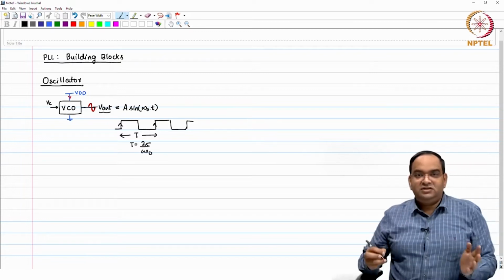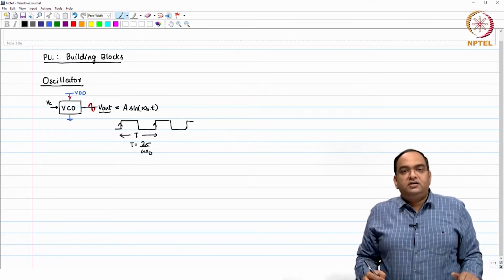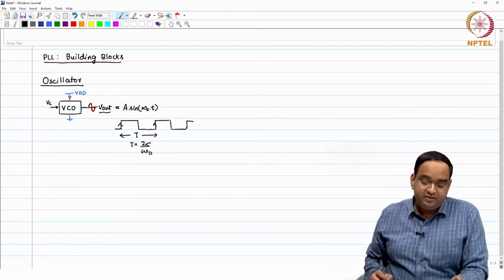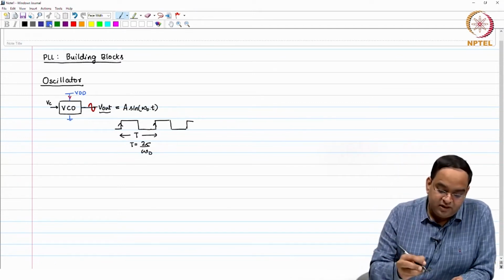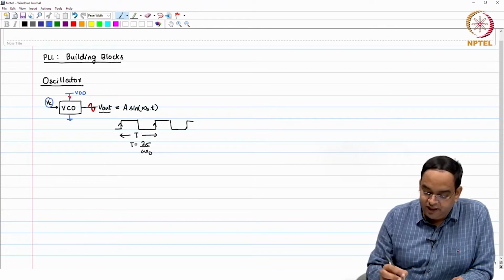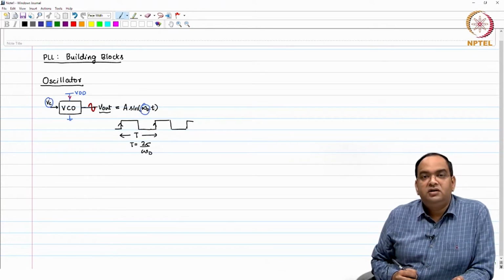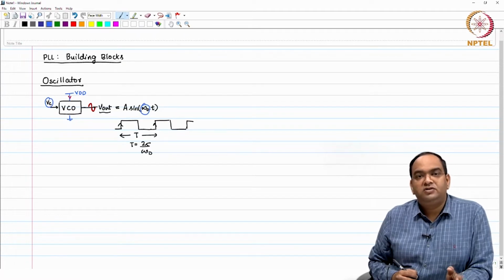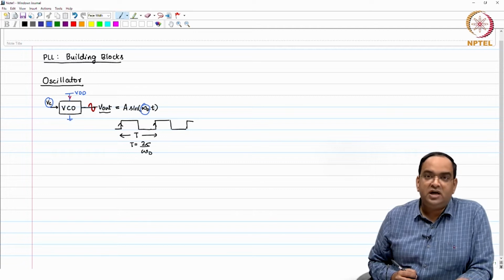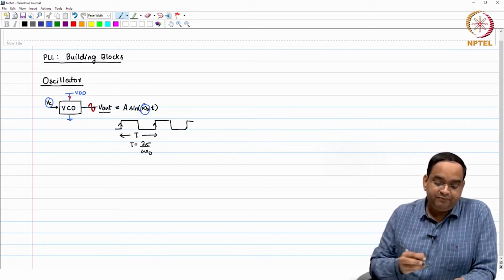The oscillator as a standalone block generates frequencies depending on the control voltage. Somehow this control voltage relates to your omega naught, but there is no other input to the oscillator. There is nothing like a sinusoidal input because of which you are generating omega out. It does not happen like that.